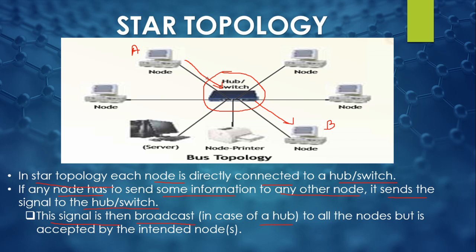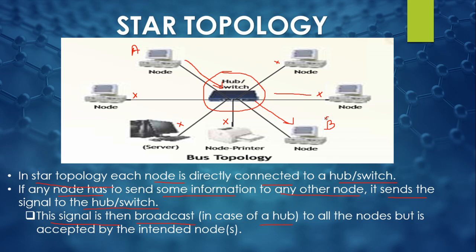Obviously when that message comes to this node, it rejects the message because it checks whether the message belongs to it or not. And similarly, when the message reaches this node, it checks whether the message belongs to it, and if it is not, then it also rejects it. So the message is rejected by all the other systems, and it will be accepted only by the system for which the message is meant.